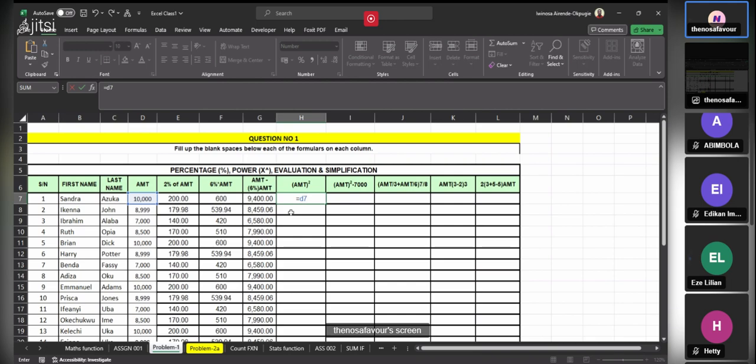We put it in brackets. D7 in brackets, yes, raised to power of 2. Okay, so how do I do raised to power 2? I don't think I have an idea how you do that.